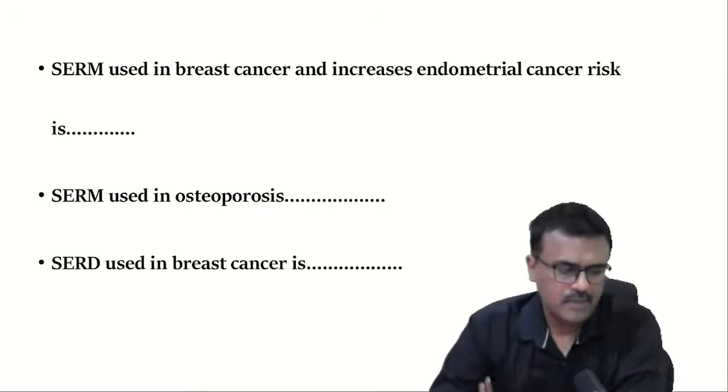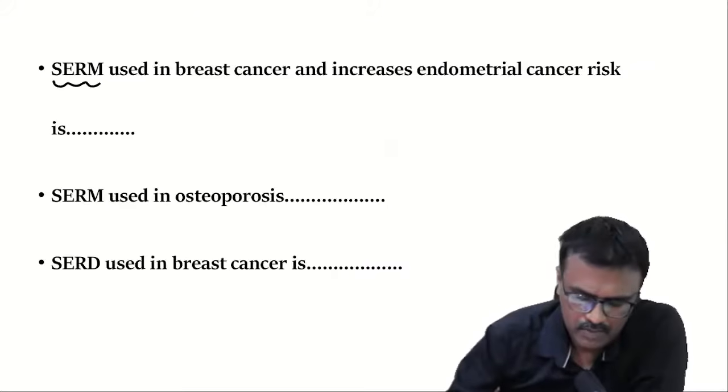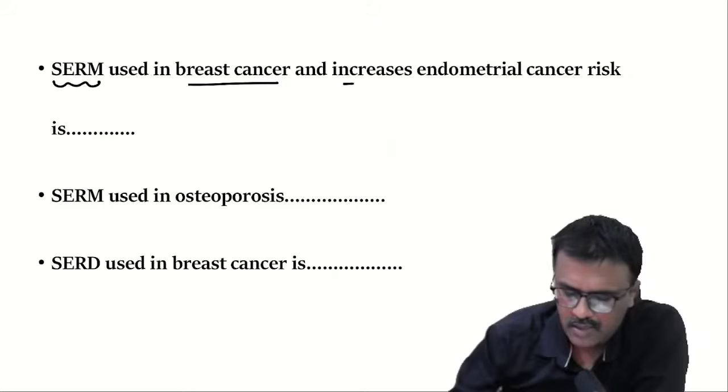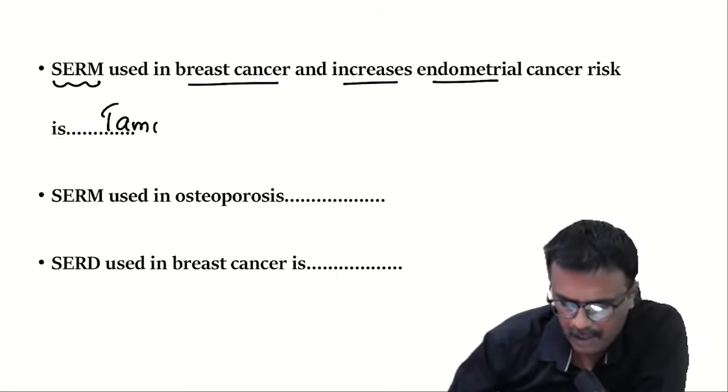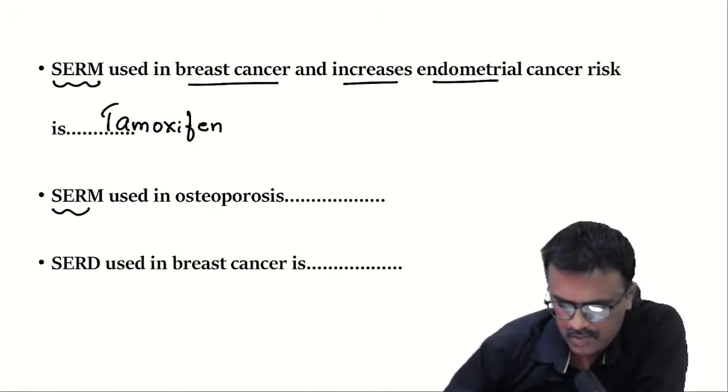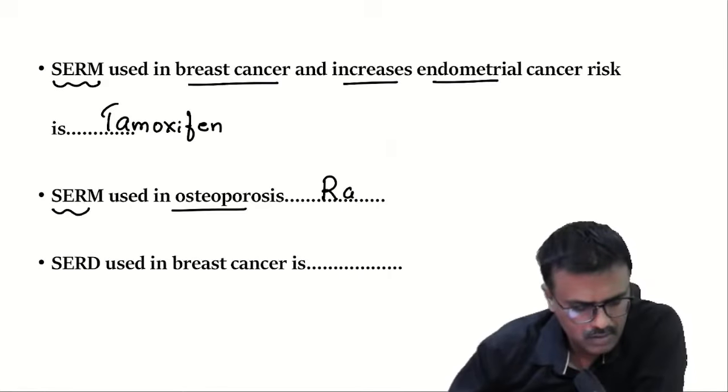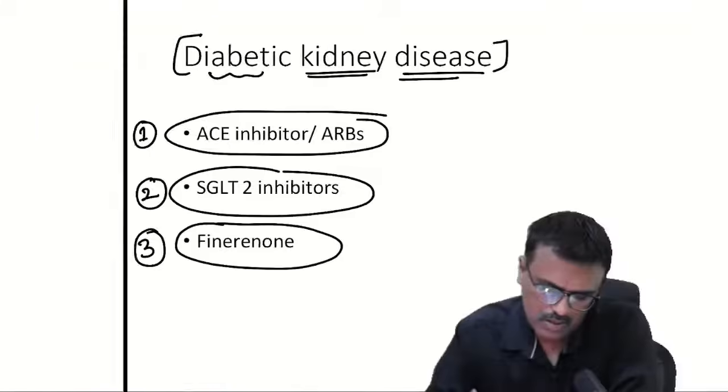Coming to another aspect, the selective estrogen receptor modulator used in breast cancer that increases the risk of endometrial cancer is tamoxifen. What is the SERM used in osteoporosis? The name is called liraglutide. Did I make a mistake?